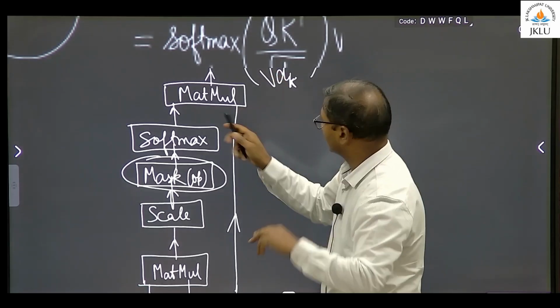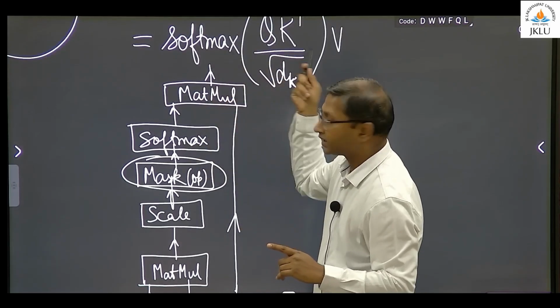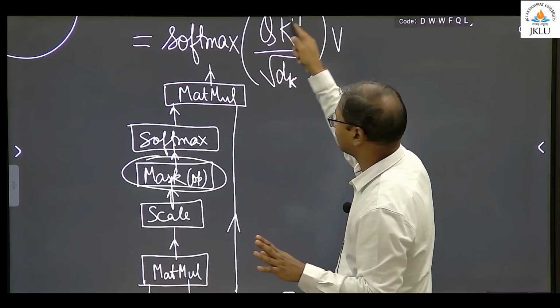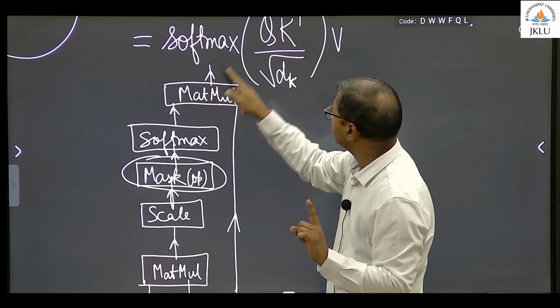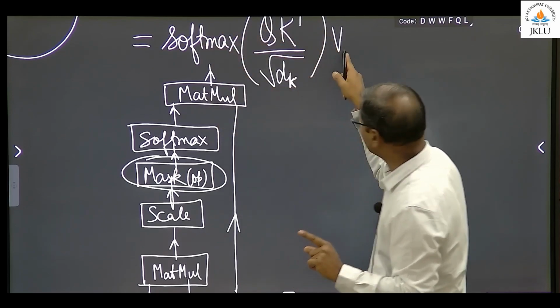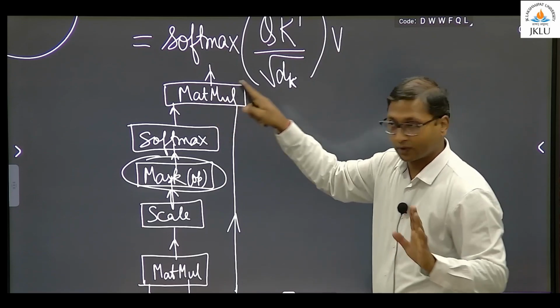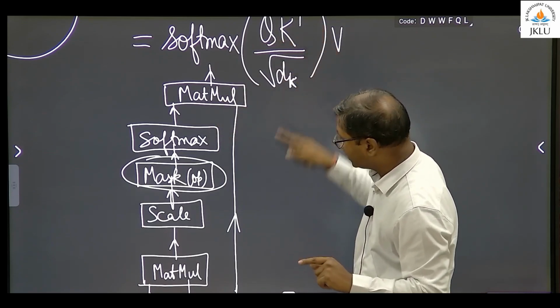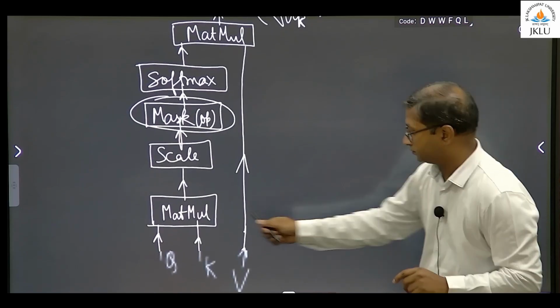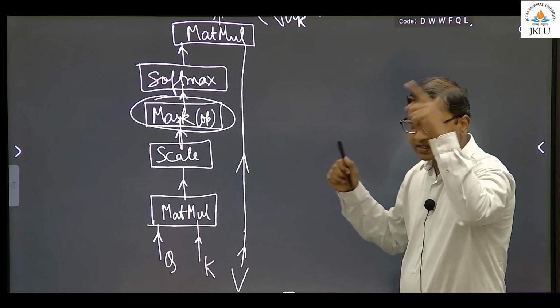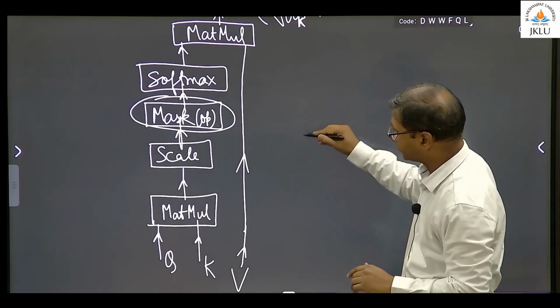Let's go top down. Forget this one. Softmax you are taking of something, softmax you are taking of this thing, right? What is this matmul doing? Matrix multiplication. Softmax of this whole thing, doing it with V. Okay. What is QKT? QKT is your here. What is T there? Transpose.